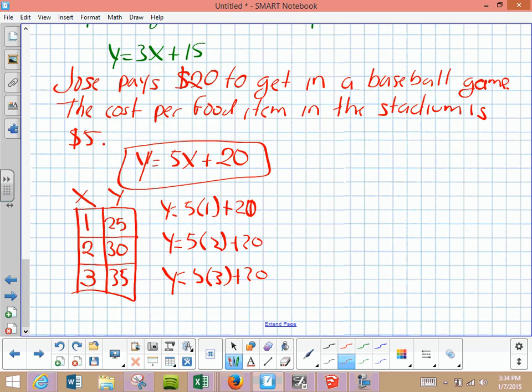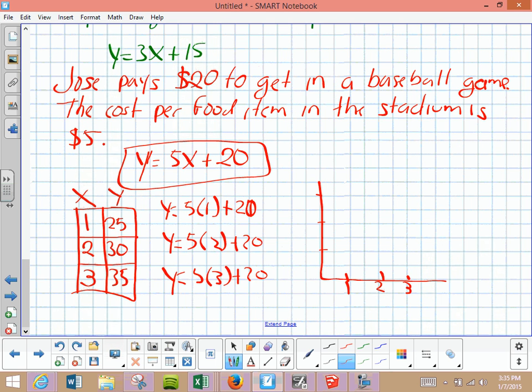Do not move. The bell rings, do not move. This is really, really important. Once you do that, I want you to graph it. So you do right here, you put 1, 2, 3 on each right here. And then right here, you put the prices.